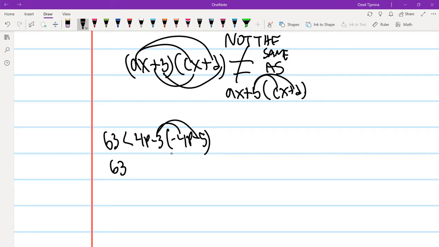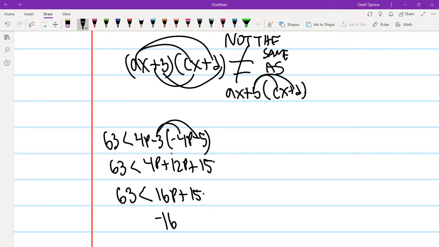So you say 63 is less than 4p plus 12p plus 15, and then you combine your like terms. So you say 63 is less than 16p plus 15, and then you subtract 15 on each side.